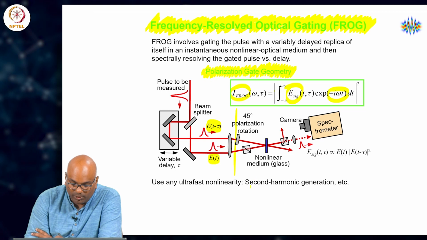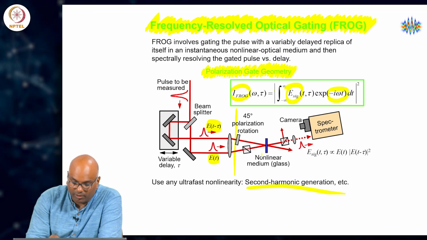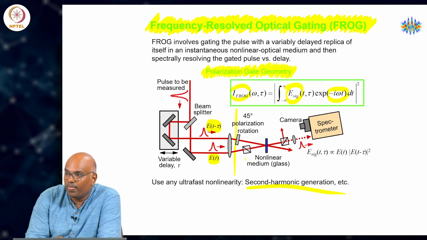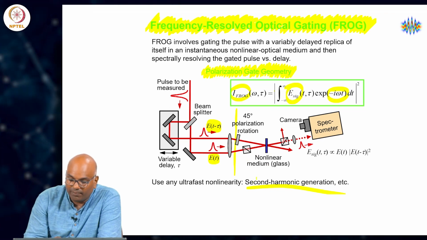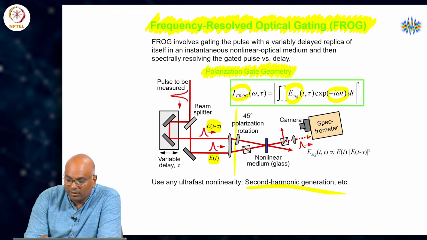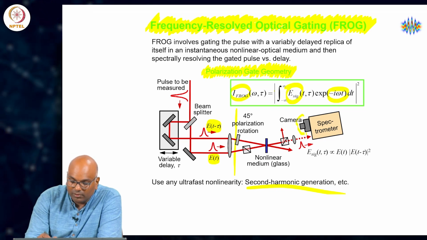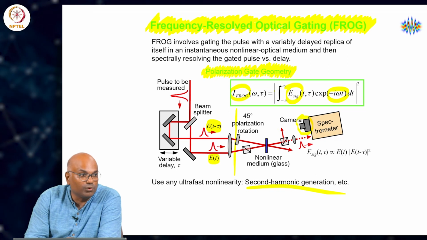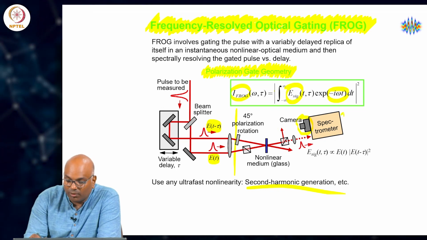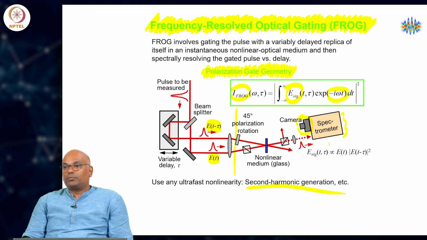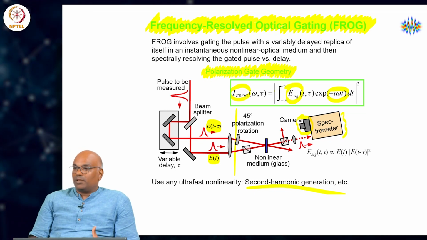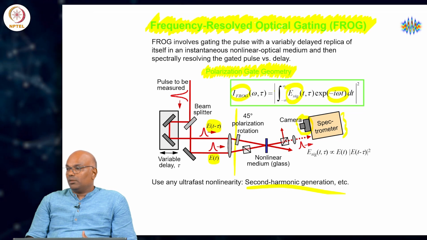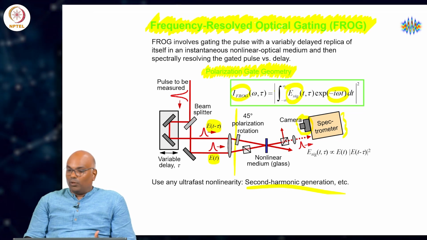Take the second harmonic, second order interferometry, or here we have the third order interferometry. Take the same third order interferometry, and here instead of the detector or camera or photodiode which you used earlier, introduce a spectrometer and measure the spectrum as a function of delay tau.